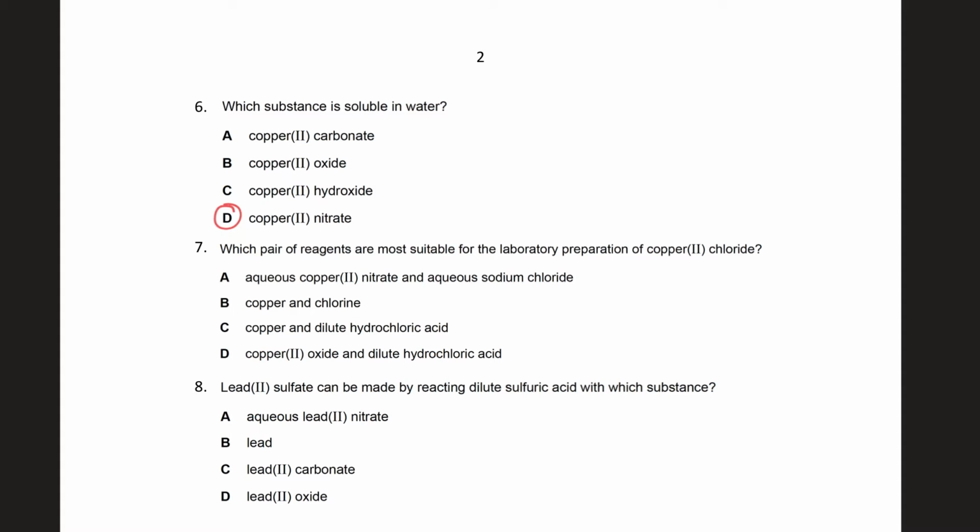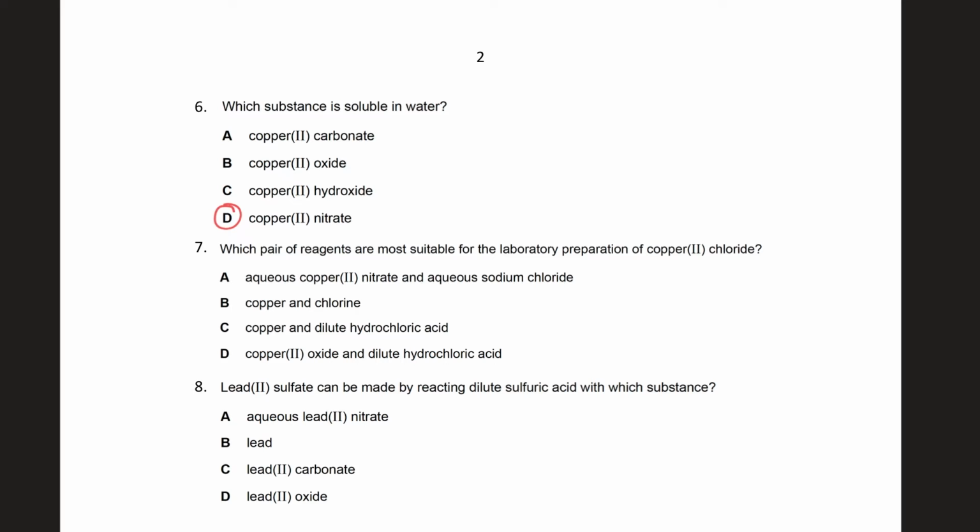Copper and chlorine. If copper reacts with chlorine, it is going to produce copper 2 chloride, but it's not the best method for lab preparation. Copper and dilute HCl. Copper will not react with dilute HCl because copper is below hydrogen in the reactivity series, and with dilute acid, copper does not displace hydrogen.